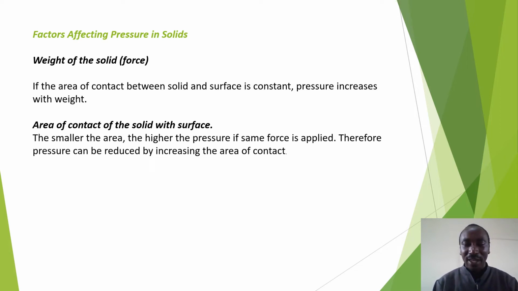Therefore, if the force exerted increases, the pressure also increases. If the area of contact between the solid and surface is constant, pressure increases with weight, meaning that the more the weight, the more the pressure. The factor number 2 is the area of contact of the solid with the surface.